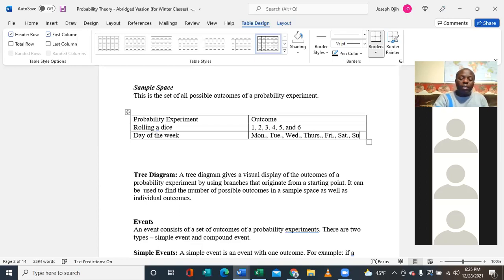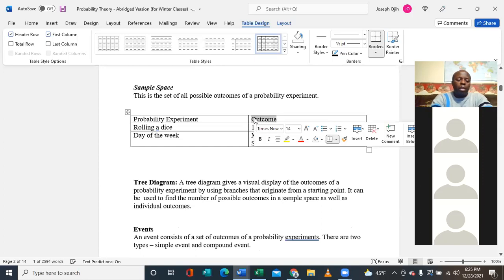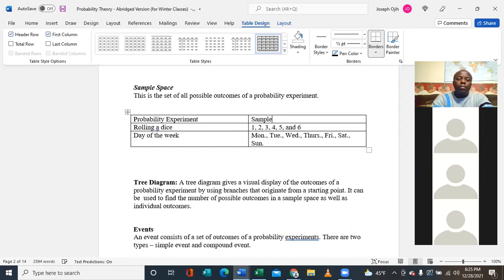These are all the possibilities for a week. So that gives you the sample space. I'll call it the sample space, not outcome. All the possible outcomes of a probability experiment is the sample space.